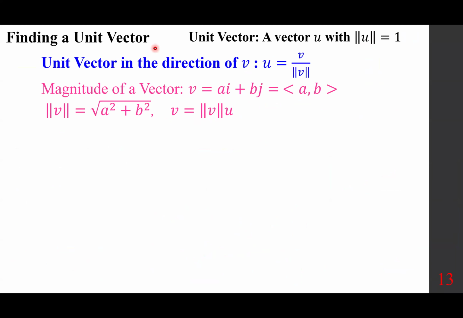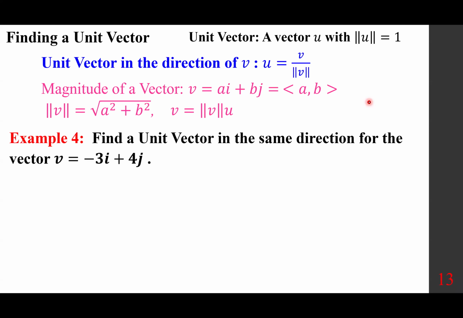Finding a unit vector, as we said, the magnitude is 1, and this is the information from before. There is nothing brand new here. So example 4, find a unit vector in the same direction for the vector v, which is equal to negative 3i plus 4j.